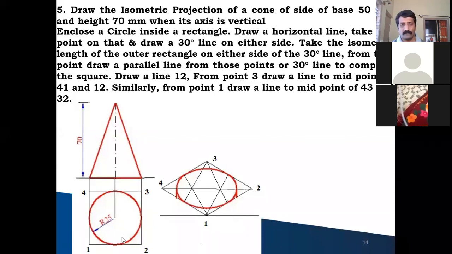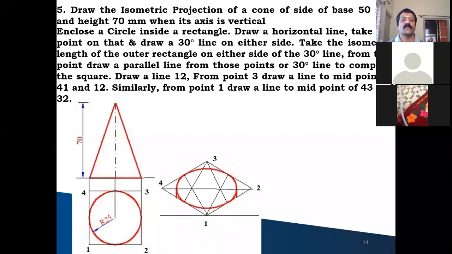The box you are enclosing is a perfect square of 50 millimeter. So 1 to 4 and 1 to 2 distances are the same. You take this distance and convert it into isometric scale. From 1 as the center, you cut the right side 30-degree line and call that 2. Similarly, from 1 as the center, you cut the left side 30-degree line and call that 4.